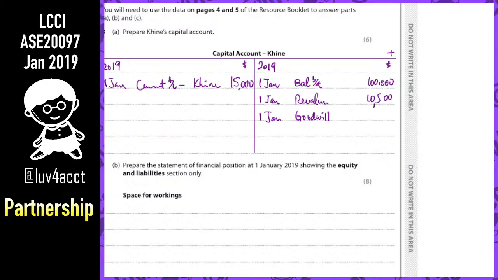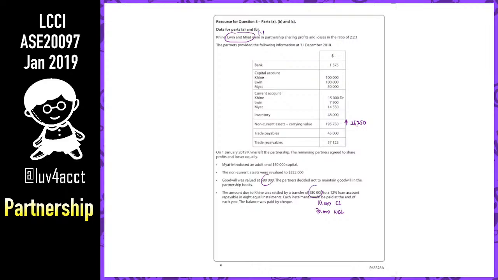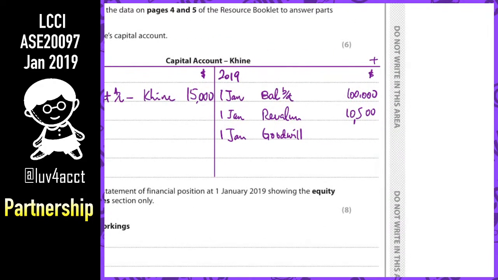This is the gain. And then the goodwill is 80,000. 80,000 divided by 5 multiplied by 2 would be 32,000.